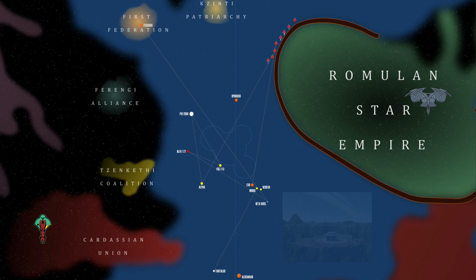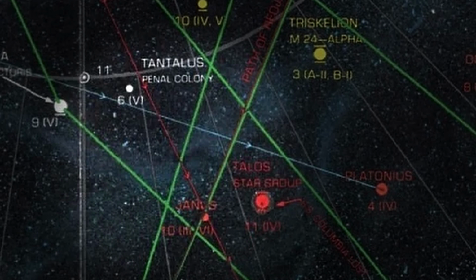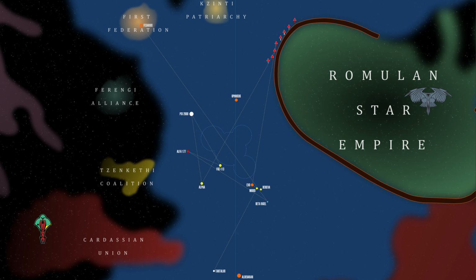The Tantalus system has similarly never been mapped in 21st century references, but Star Trek Maps places it a few degrees east of Janus and about halfway to the original UFP border in the Alpha Quadrant near Starbase 11, which means I'm relatively comfortable placing it here.